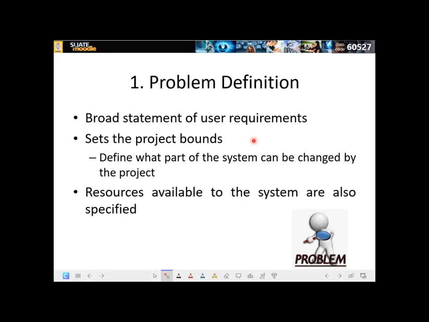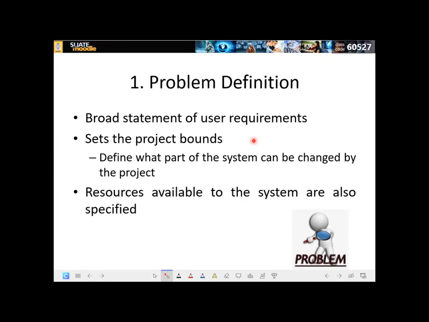Let's think about the existing manual system. Even if it is manual, there is a system. For something to happen in an organization, there should be a system, right? If an organization is not doing its work properly, there is a problem with the system.